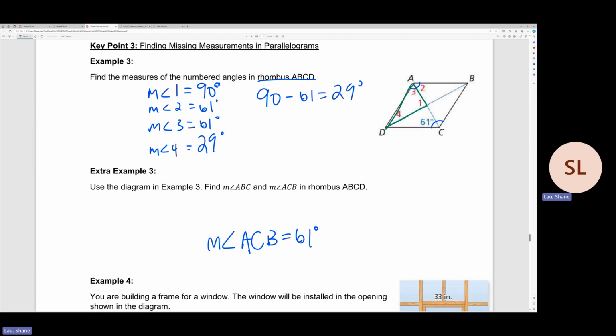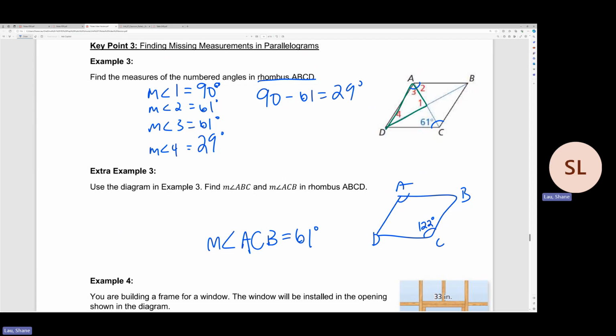If I know the angle ACB is 61 degrees, that means the larger angle, the one that's being bisected itself, if I were to redraw this without the diagonals, I know it's going to be 61 times 2. So that just means 122.